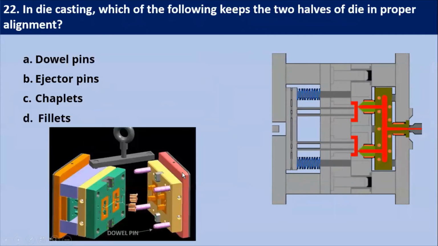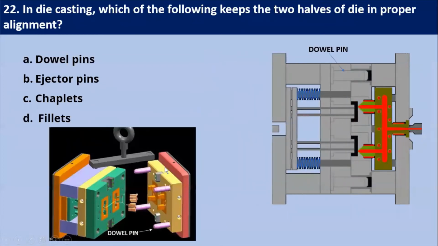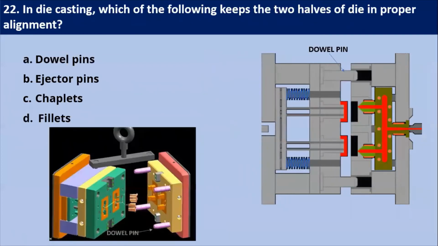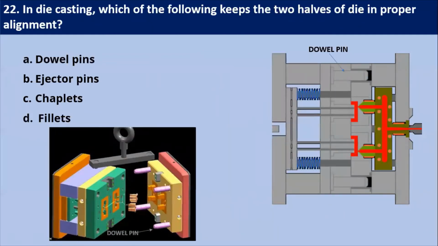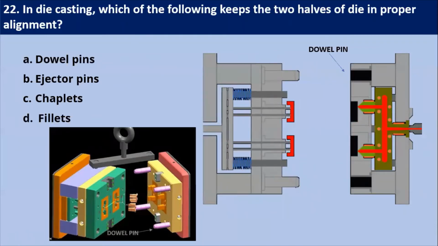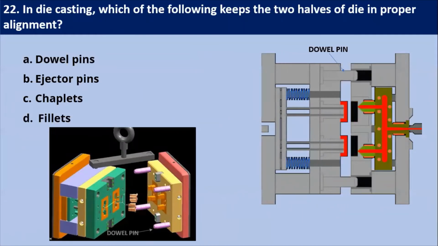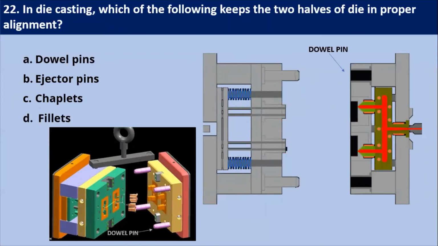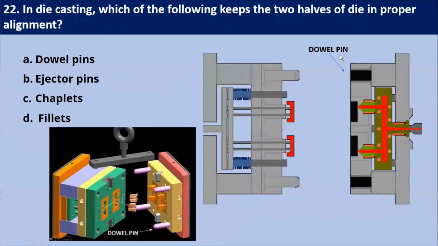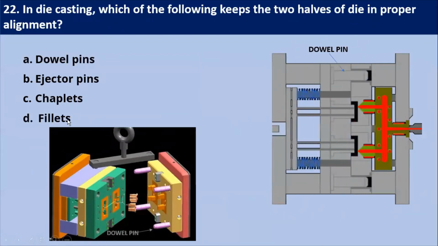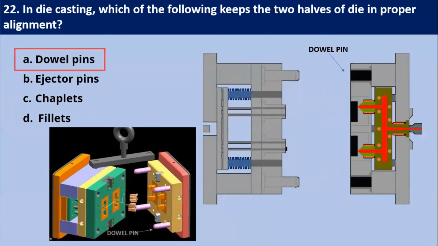Here also I showed it, and our answer is the dowel pin. Dowel pins are used to keep the two halves in accurate alignment, and they can also be used as a location guide for adjacent parts, to keep the two sections of the die, the fixed and the movable, in alignment through this dowel pin. And that's why in this case our answer is dowel pins.